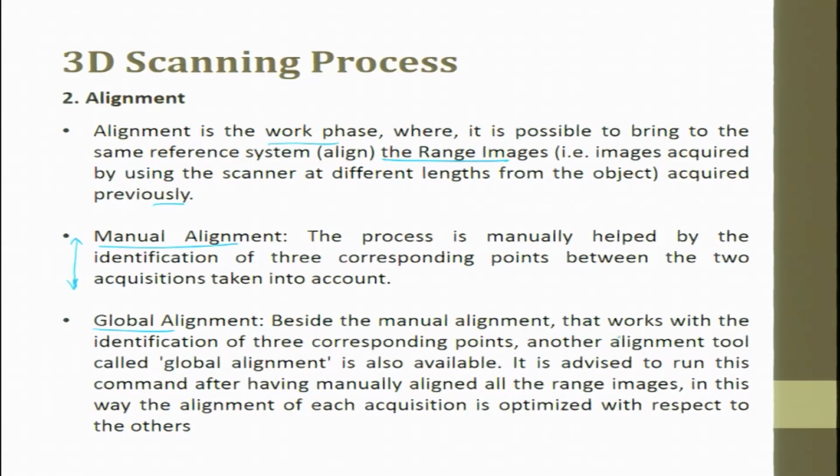Besides manual alignment, another alignment tool called global alignment is also available. It is advised to run this command after having manually aligned all the range images. This way the alignment of each acquisition is optimized with respect to each other.